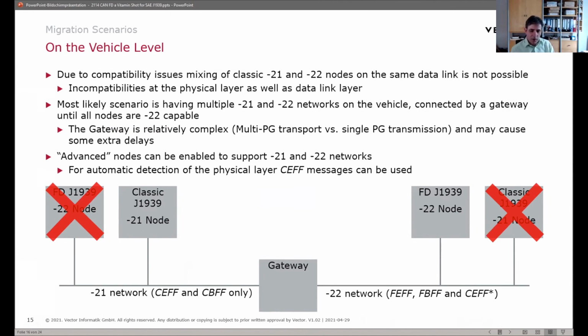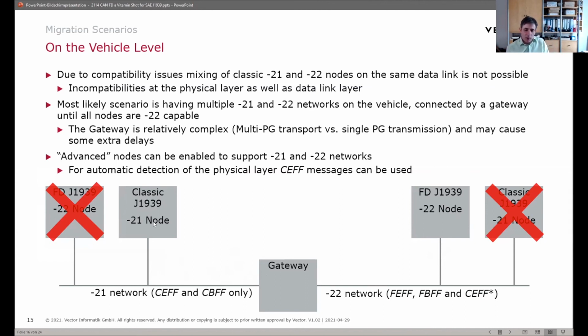The other thing is that a classical node is probably not designed to accept a large delay. So if there is communication which is seamless from this classical node to this FD node, and if a gateway would add too much delay because the gateway buffers too long, that would certainly cause some application issues.